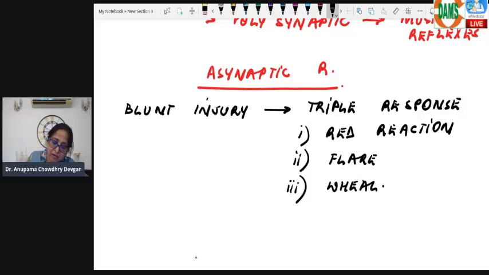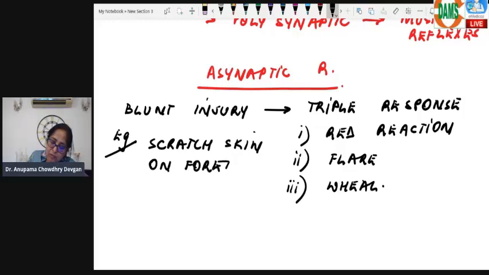For example, if you scratch the skin on the forearm with a blunt object, you will get this triple response.